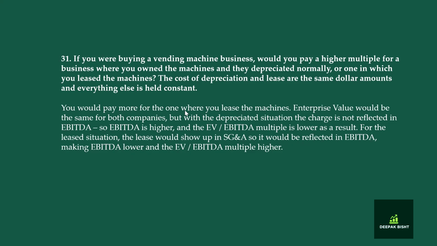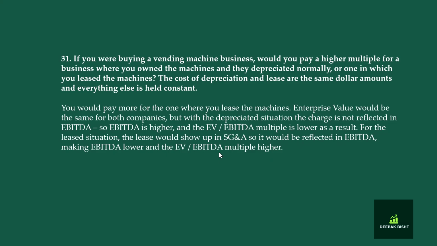So here in this question, they have given us the treatment of how, if we are depreciating something, it will increase our EBITDA. So EBITDA will be inflated, and if we expense it out, in the lease situation, the lease would show up in the SG&A, and it would be reflected in EBITDA, making EBITDA lower and the enterprise value multiple higher.